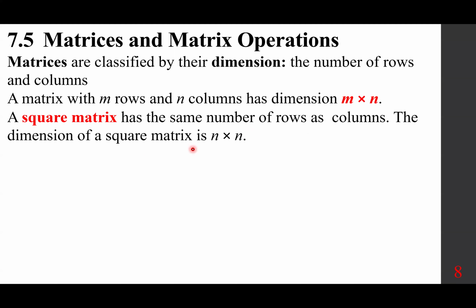You could say m by n, but normally we go with n by n. As we mentioned before, if you look at this one, you have 1 and 2 rows and 3 columns. This is a 2 by 3 matrix.